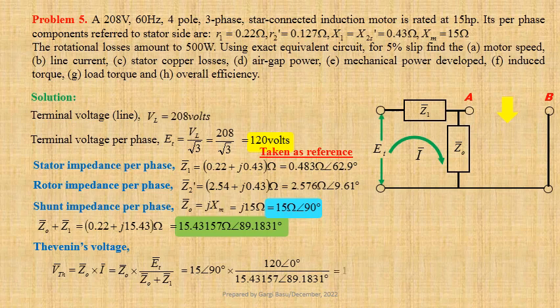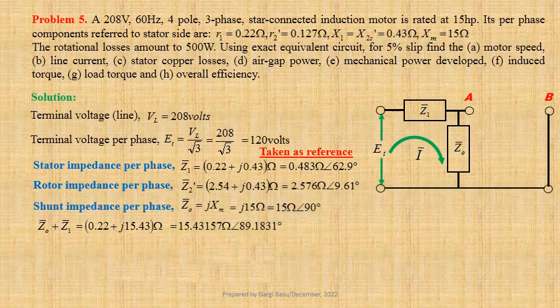That gives us 116.644 volt at an angle 0.8169 degree. To determine Thevenin's impedance, we shall short circuit the voltage source.